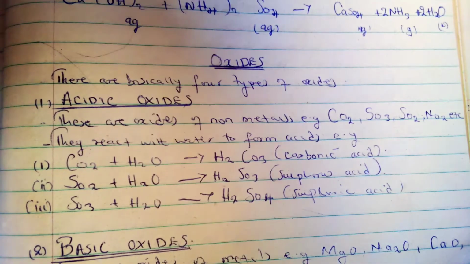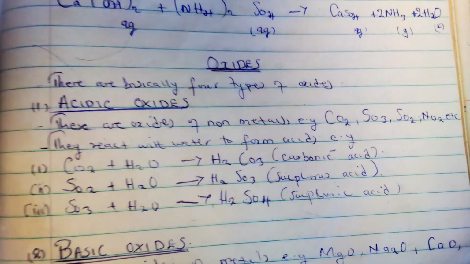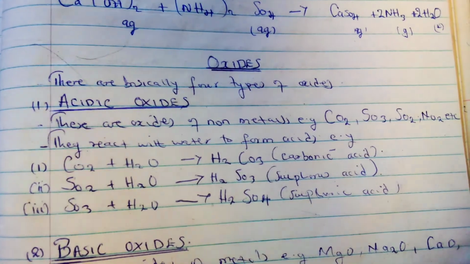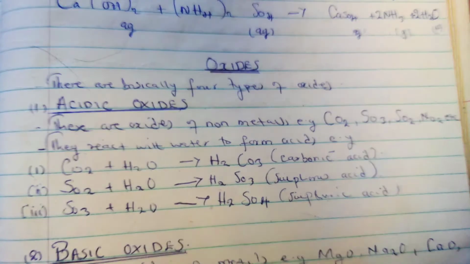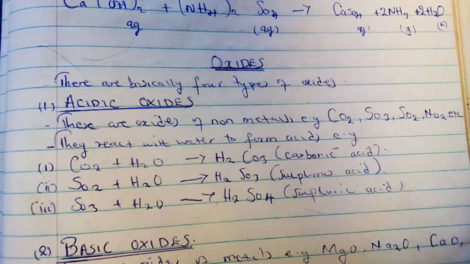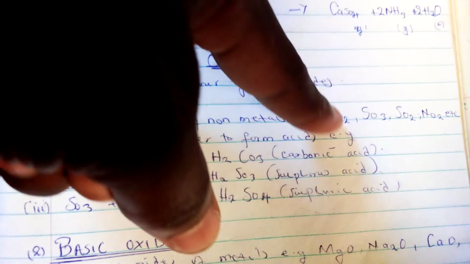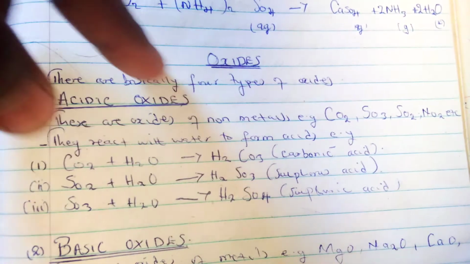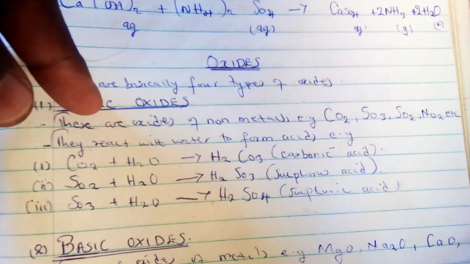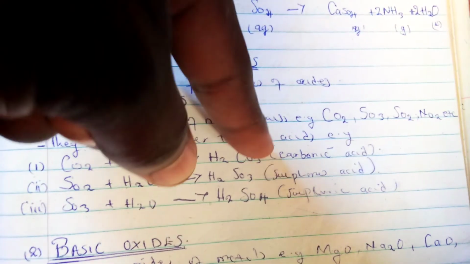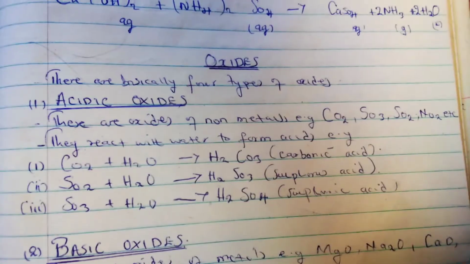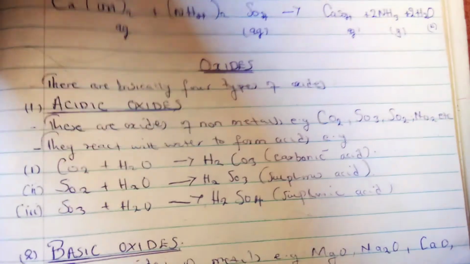These oxides are formed when oxygen combines with a non-metal, so they are called acidic oxides. Meaning that when such an oxide reacts with water, it is going to form an acid. So for example, carbon dioxide reacts with water and forms carbonic acid.